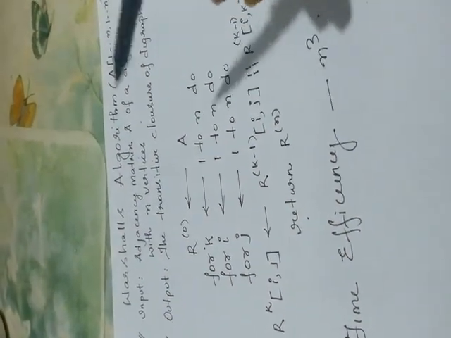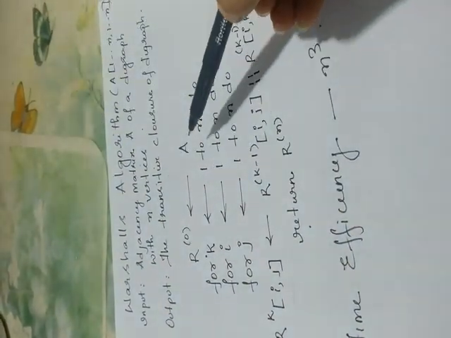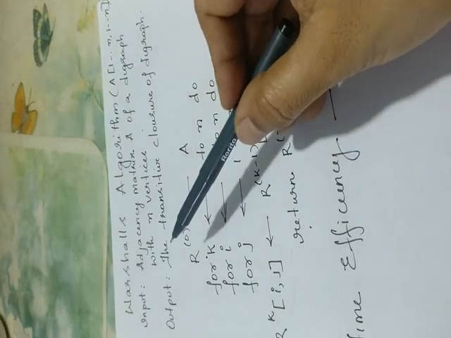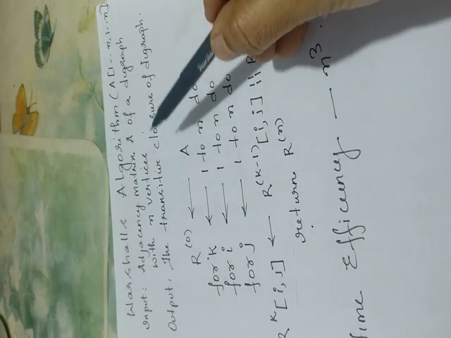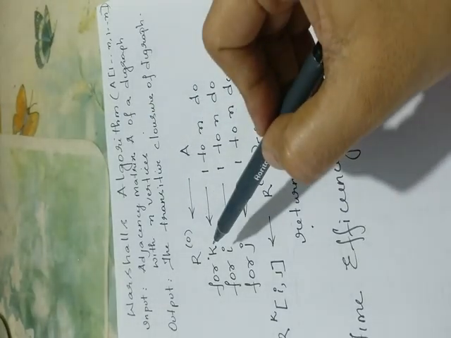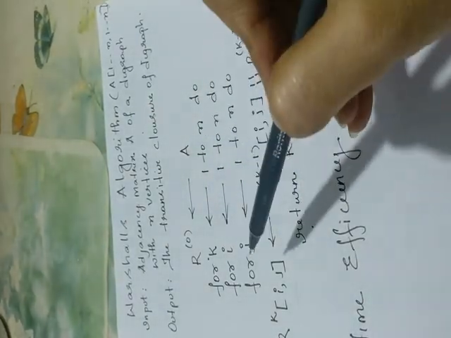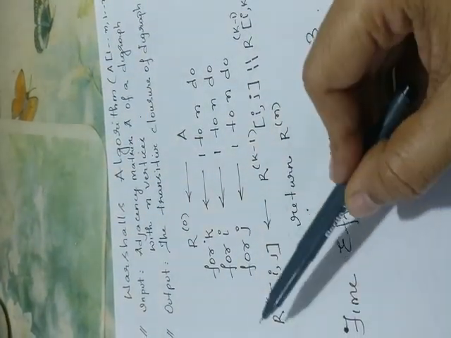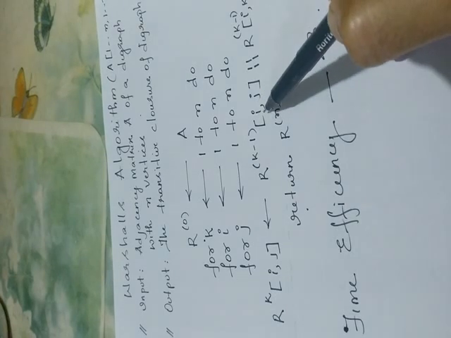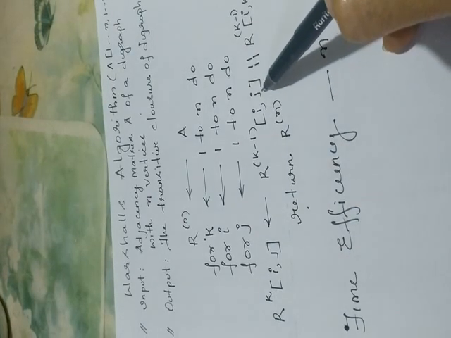Now this is explained in the form of an algorithm. Initially I will be taking an adjacency matrix as an input and I am expecting a transitive closure as output. For that, k is equal to 1 to n, i is equal to 1 to n and j is equal to 1 to n. When I am creating a Boolean matrix, either there should be a direct edge between i and j.